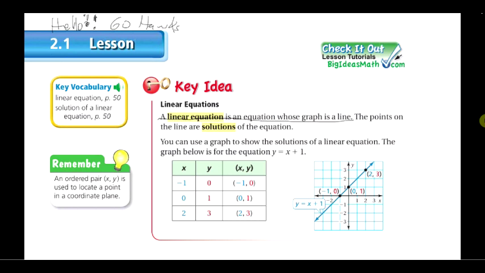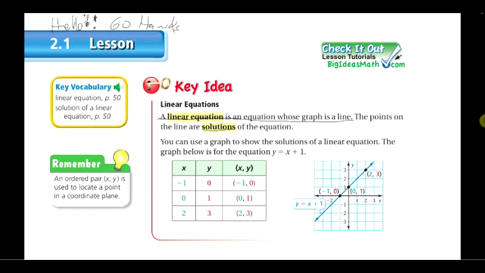Solutions are the points on a line that are solutions to an equation. The points on the line for that equation are the solutions. Really, all these line-making equations are a bunch of solutions packed so tightly together that they look like a line.